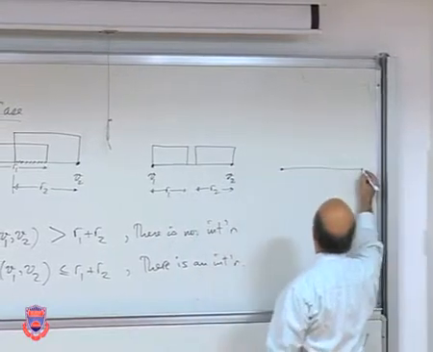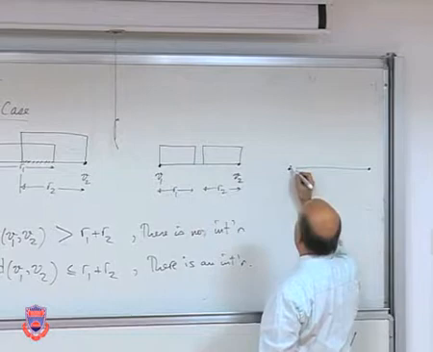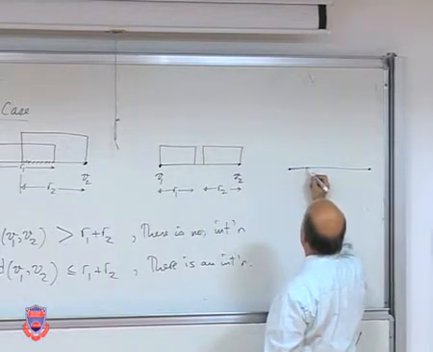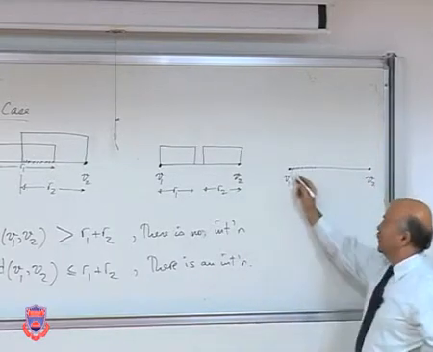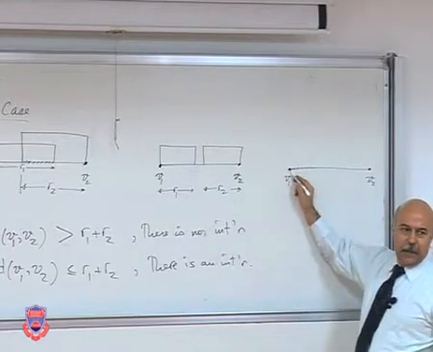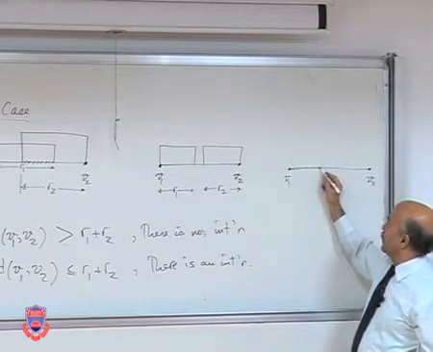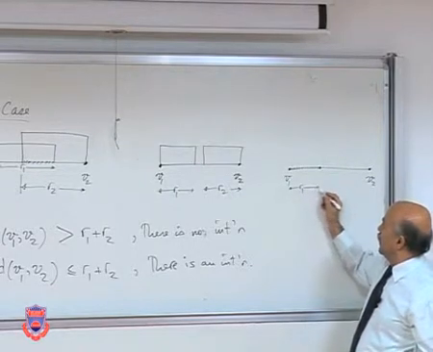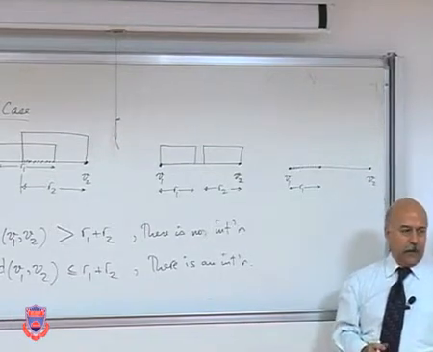When I pull the first string tight towards V2 with one end attached here, it will go as far as some point here, and because it's pulled tight, the length will be R1.